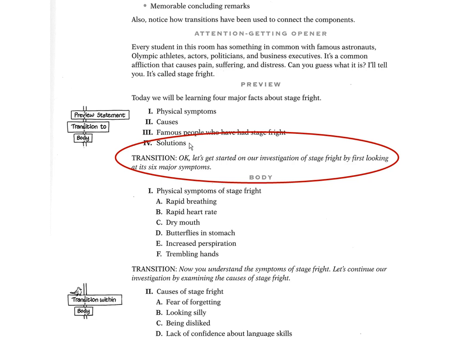So we've previewed here, this is what we're going to talk about, and now we say let's get started, let's begin. Okay, something like that to transition us into the body. The body then takes us to the first one where we look at what we're going to talk about first, the 6 symptoms of stage fright.